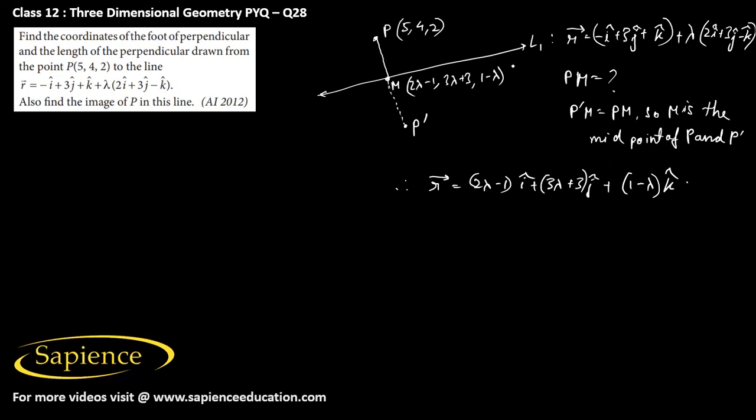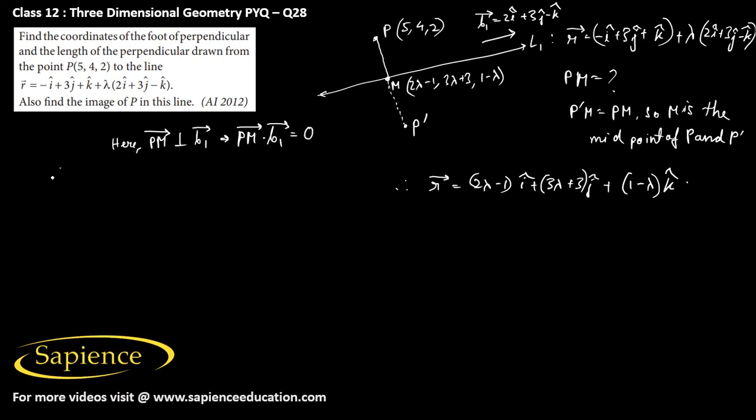Then here we can see that the straight line L1 is parallel to the vector B1, which is given as 2i cap plus 3j cap minus k cap. So here the PM vector is perpendicular to B1 vector. So we can say that PM vector dot B1 vector should be equal to 0.